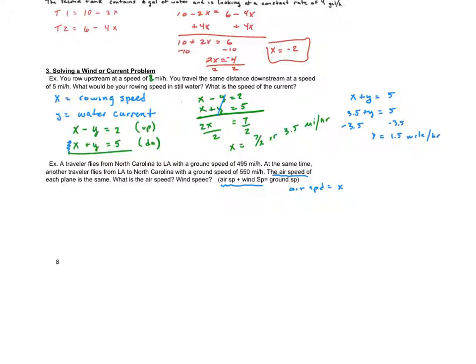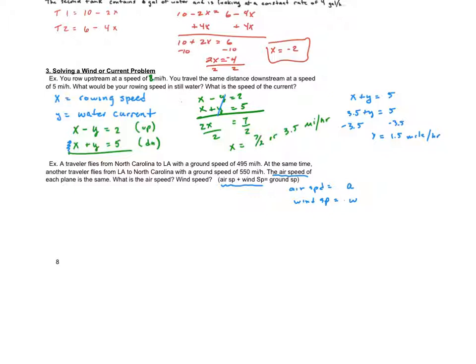So if my airspeed is x, let's go ahead and say that my wind speed, do I need a variable for that? Sure, y. And then my ground speed is going to be my output, or my number. All right, let's go ahead and call airspeed A, our wind speed W.